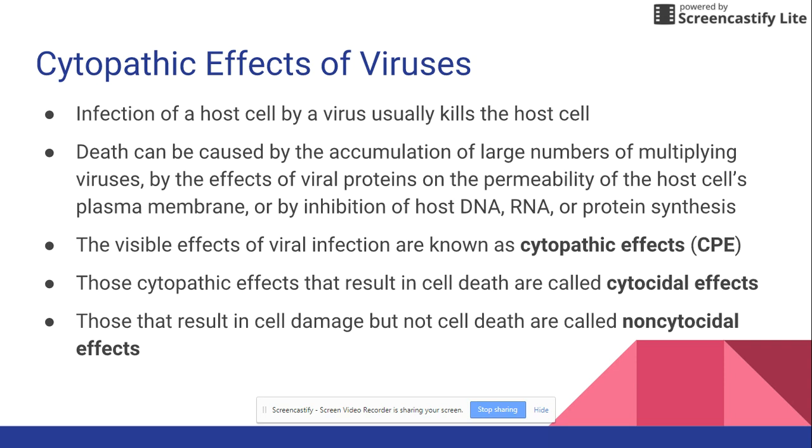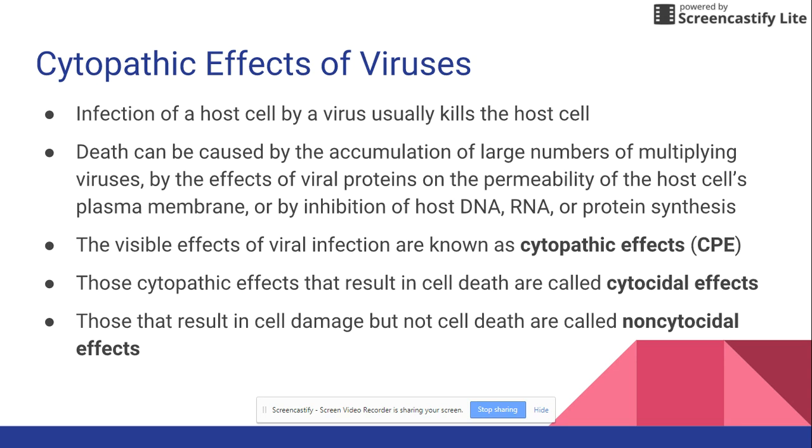So the visible effects of a viral infection are going to be these cytopathic effects. Cyto meaning cell, pathic meaning disease. So seeing how the disease affects the cells. If it causes death, then it's cytocidal.